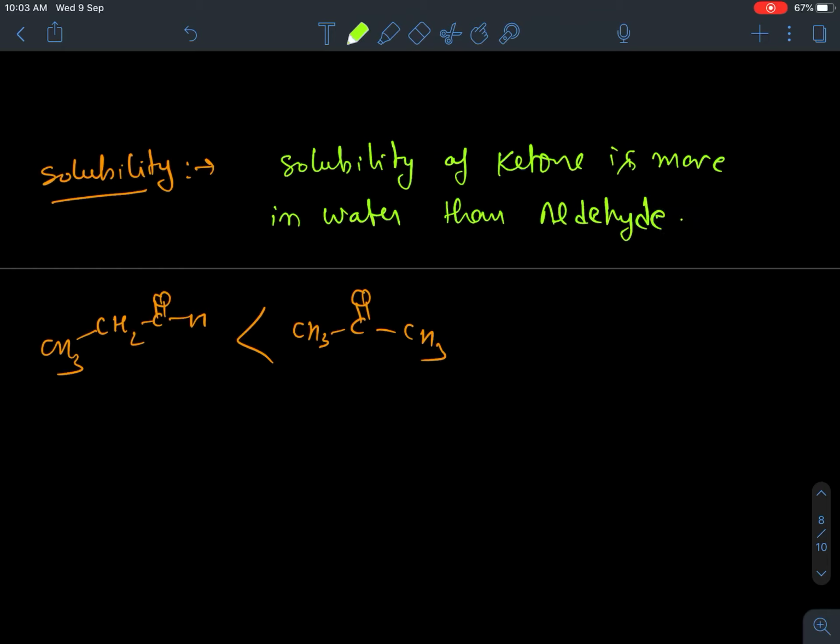Understood, the point is understood, for comparable molecular weight. Now if you compare this with alcohol, obviously the alcohol will be much better because it can form hydrogen bond with water.